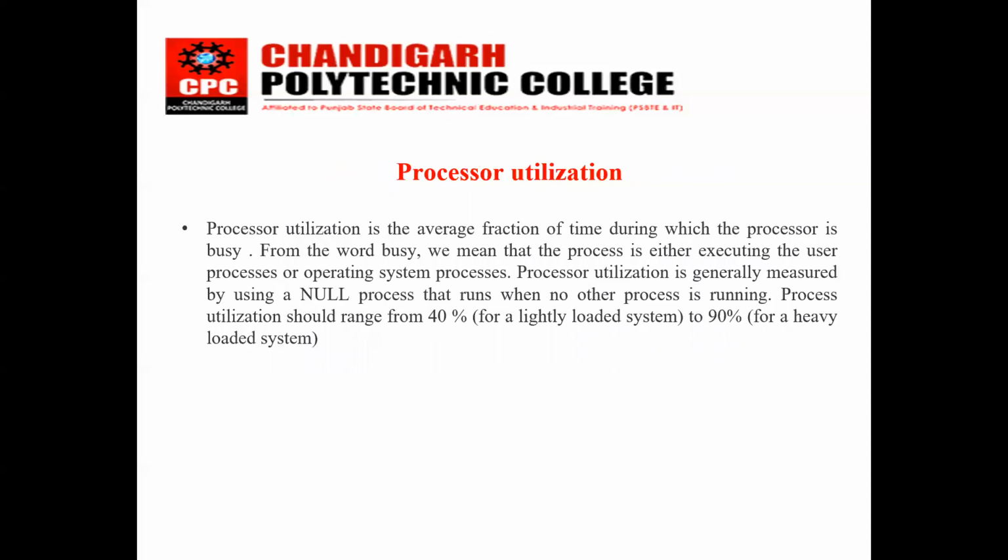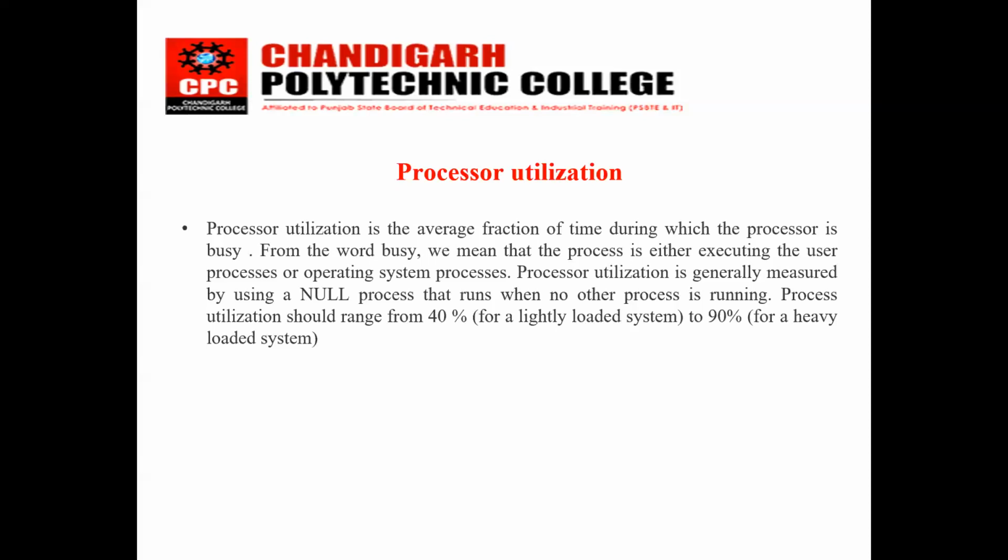So first is the processor utilization. A processor, we all know, is our processing unit where all our processes execute their functions. So the processor utilization is the average fraction of time during which the processor is busy.